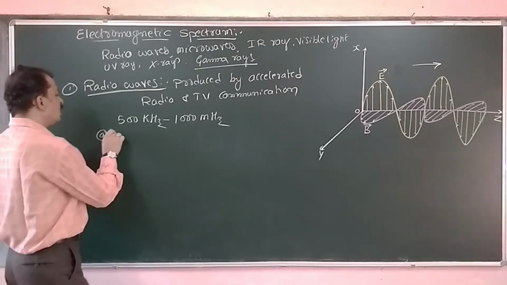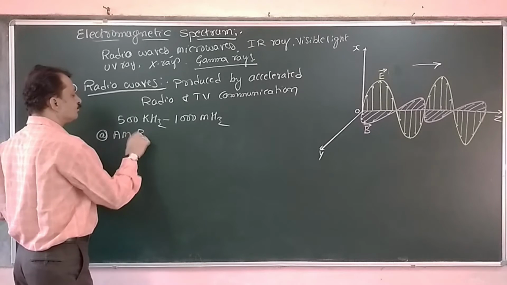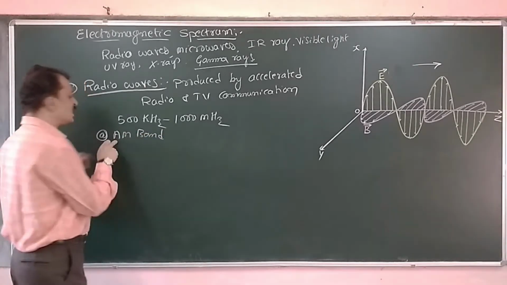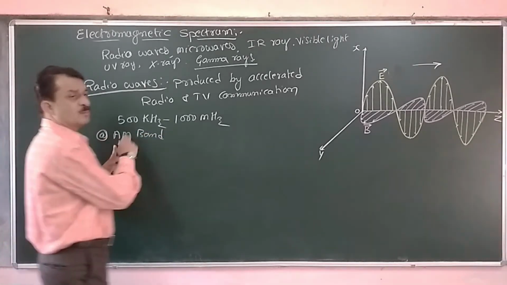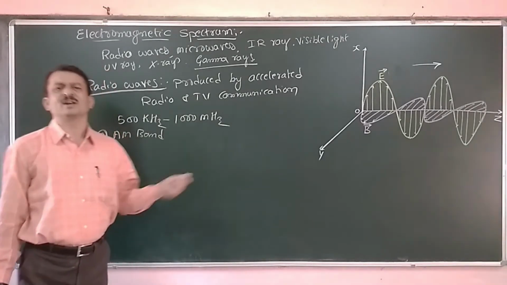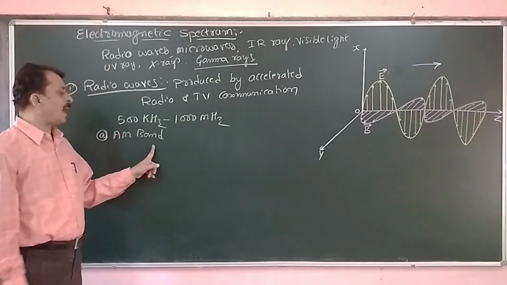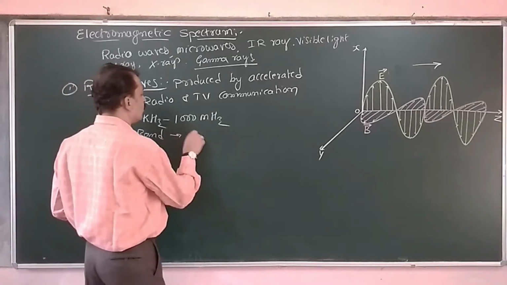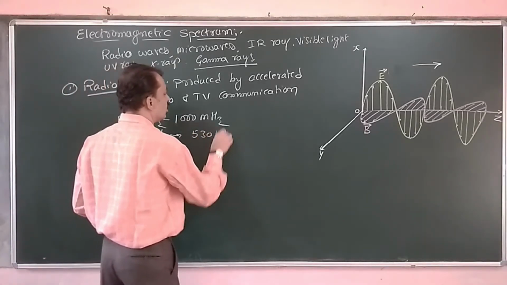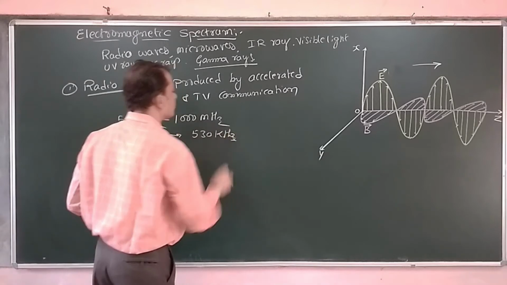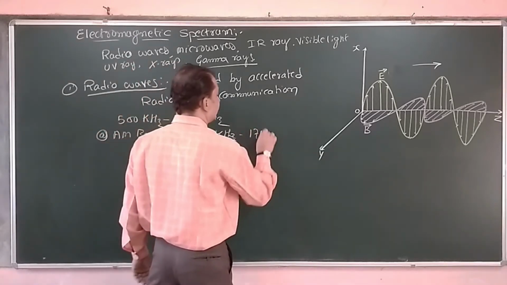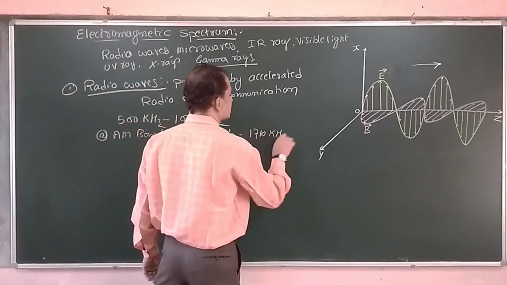First we will have the AM band. A stands for amplitude, M stands for modulated. It is a method of modulation. The AM band, amplitude modulated band, ranges from 530 kilohertz to 1710 kilohertz.